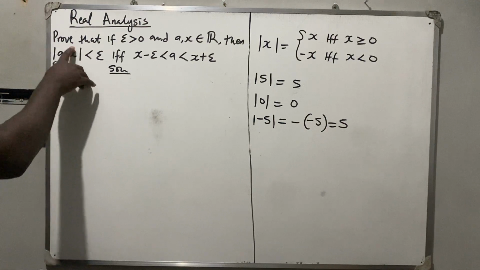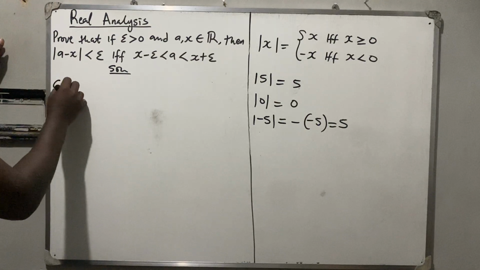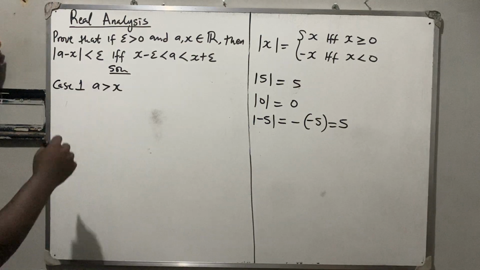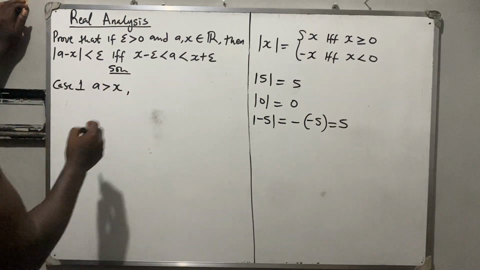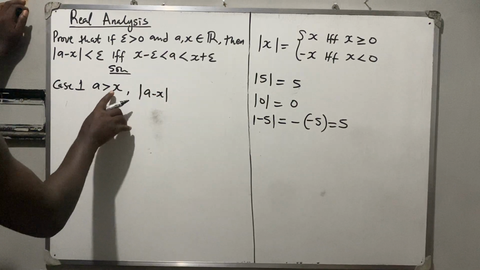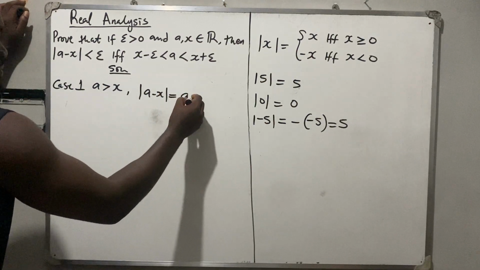If a is greater than x, then everything here is going to be positive. So that is case 1. Our case one is that a is greater than x, because that is the only thing that will make it positive here. So if a is greater than x, the absolute value of a minus x, which is now positive, is the same thing, since the absolute value of a positive number is itself.